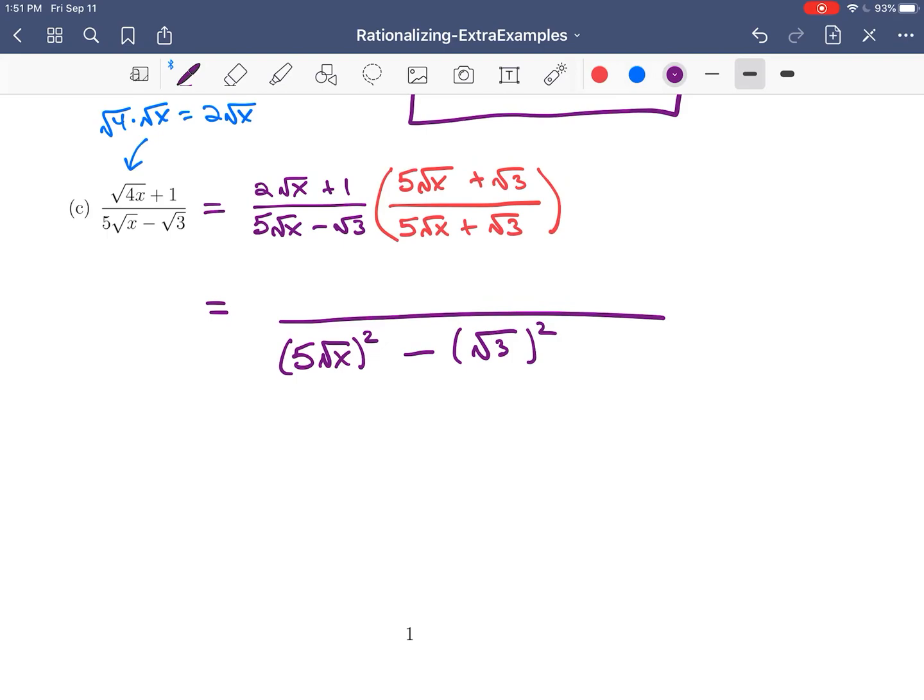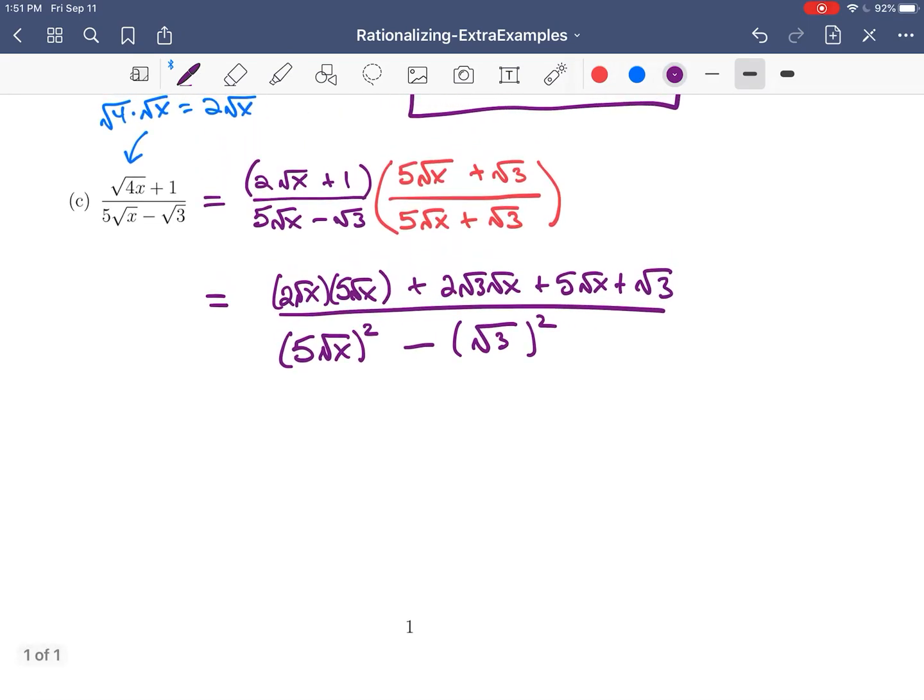That's our a squared minus our b squared. Now when we expand the top, using FOIL, I'm going to have 2 root x times 5 root x, and then plus 2 root 3 root x, plus 5 root x, plus root 3.